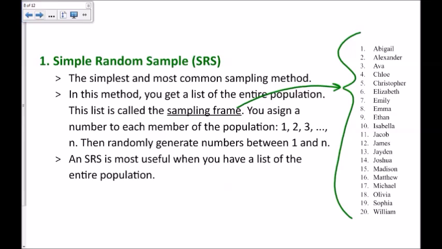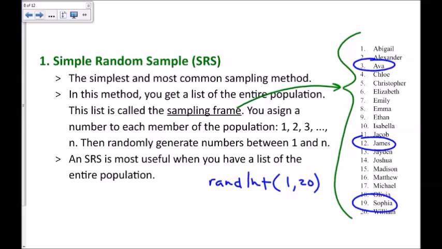For example, if I do randInt, a function in our calculator, 1, 20, that'll give me random digits between 1 and 20. Let's just say I got 12, and then 3, and then 19, and that will become my sample because I'm randomly generating a sample from my population. That's an SRS, a simple random sample, the most common sampling method.